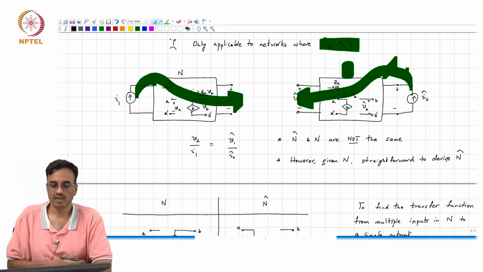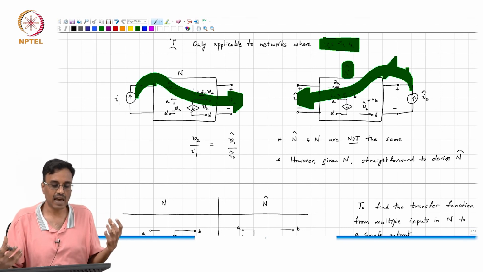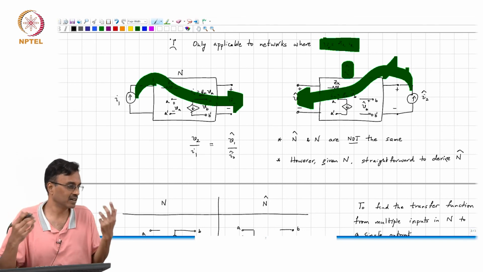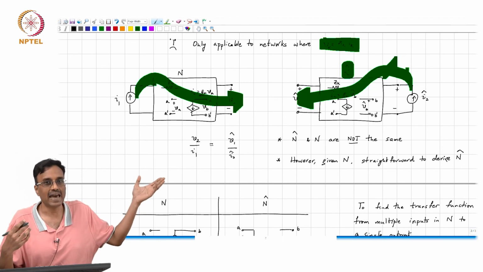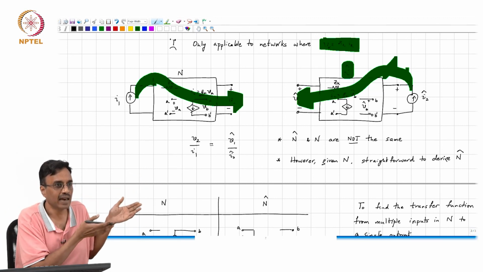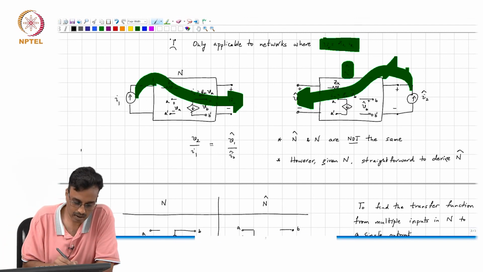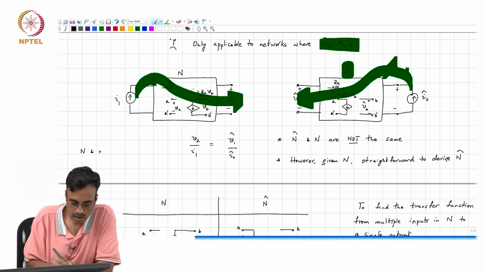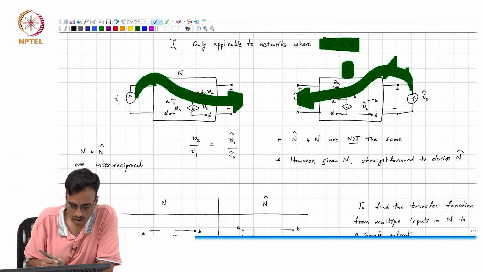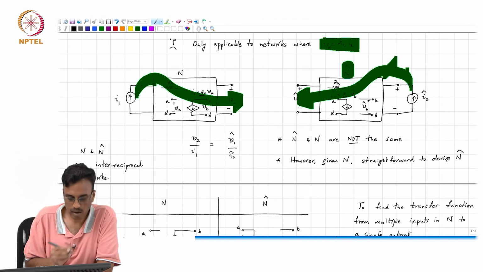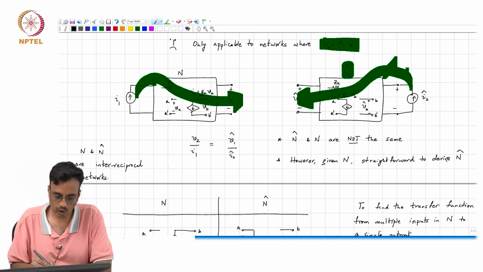You can see that the ports in N and N hat are reciprocal, except that N hat is not the same as N, but can be derived from N. So, N and N hat are called inter-reciprocal networks. Okay, and this is called inter-reciprocity.